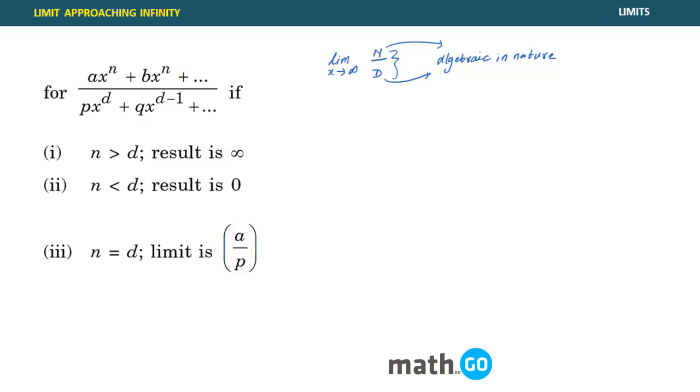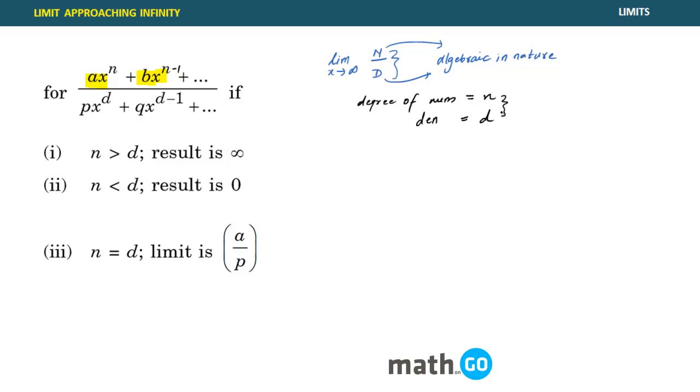Your numerator is something of this sort: a x raised to power n, b x raised to power, let's say, n minus 1. It should not be n here, rather it is n minus 1. The value is decreasing. And p times x raised to power d. So the degree of the numerator in this particular case is n, and the degree of the denominator is d.